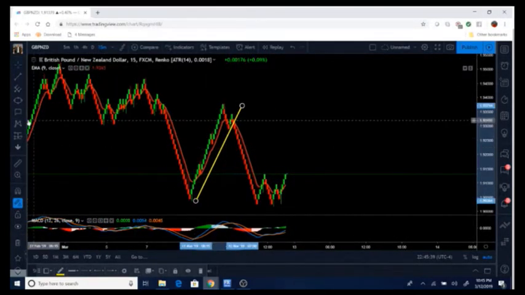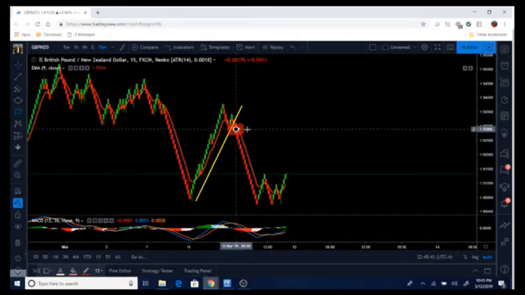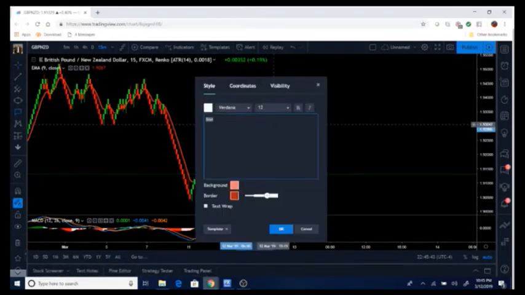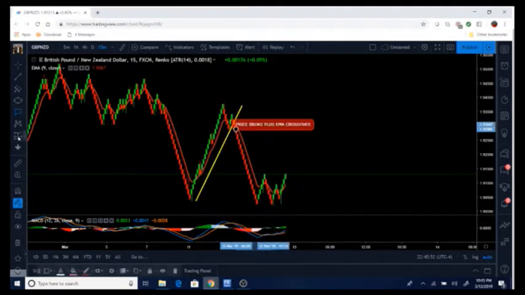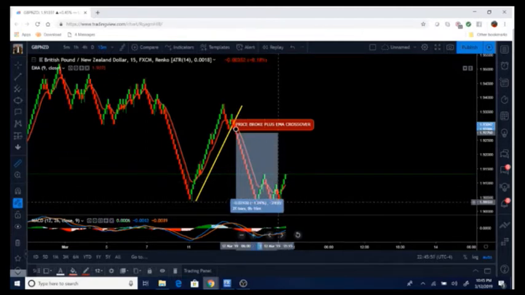Look at that. The moment price broke, plus EMA crossover, look at your entry. Brick closes here. You got a 200 pip move to the downside.